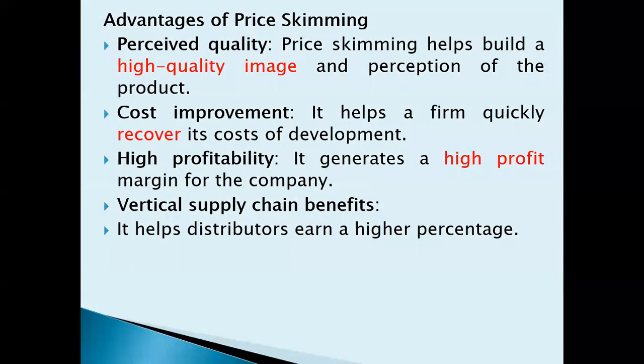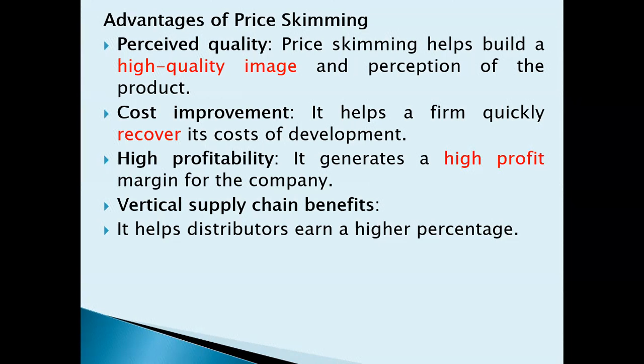Okay, next is the cost recovery. It helps firms to quickly recover the cost of development. जो कुछ initial cost हम लोगों ने किया रहेगा, उसको recover करने के लिए we will use the price skimming policies. Then to generate a high profit margin, you will use price skimming.